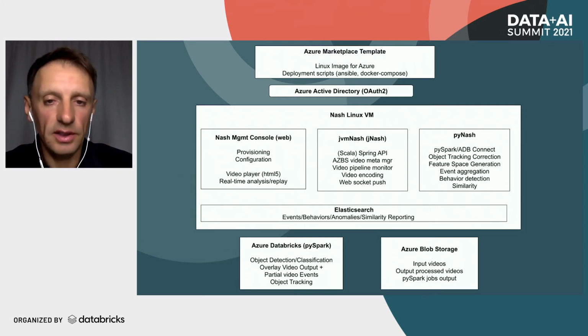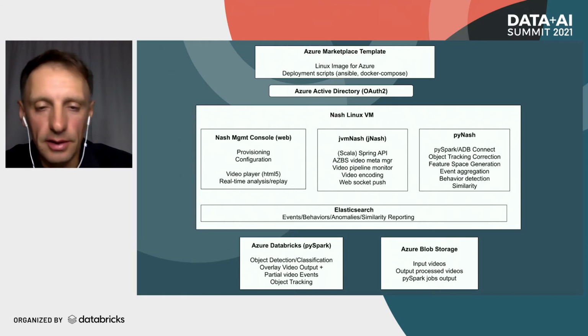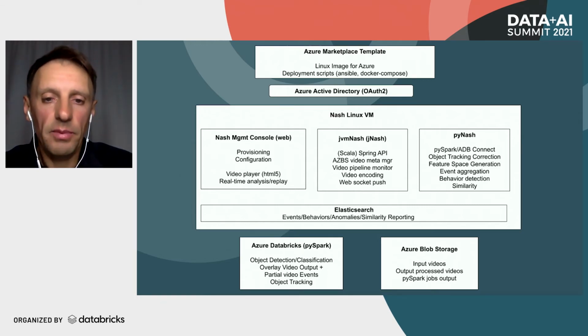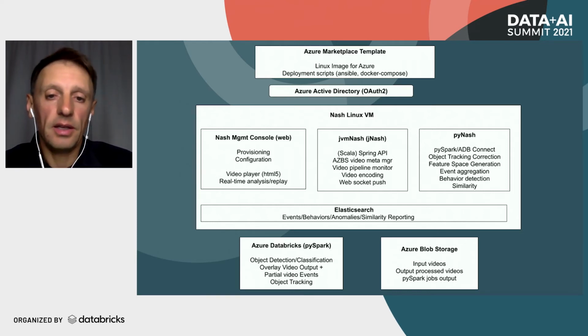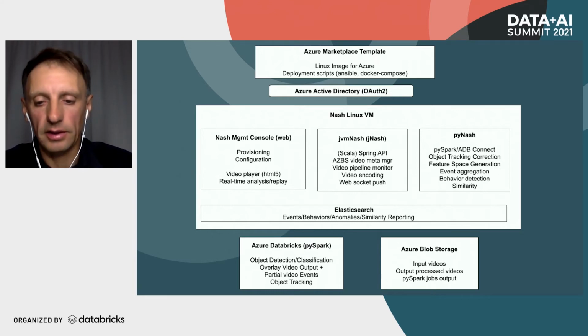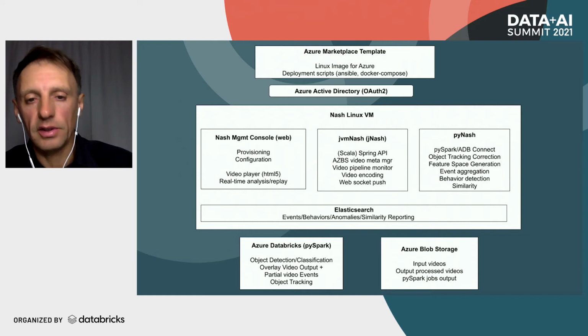Then we have two services, JNash and PyNash. The JVM service has all the APIs, the video manager, the pipeline monitor, and it does the encoding and the WebSocket push, sending all those insights down to the web application, so we can inform the analyst that there's more segments, more behavior, and so on, right?